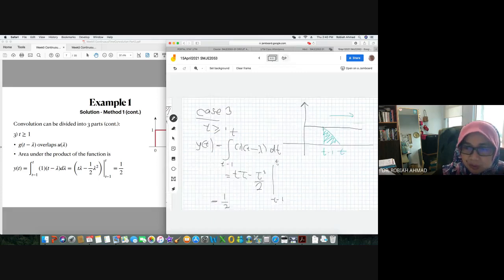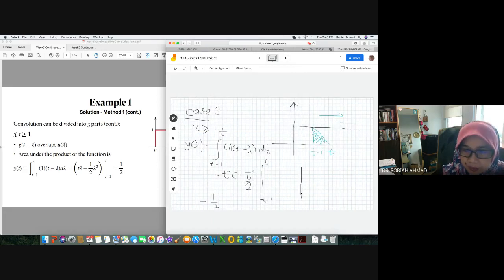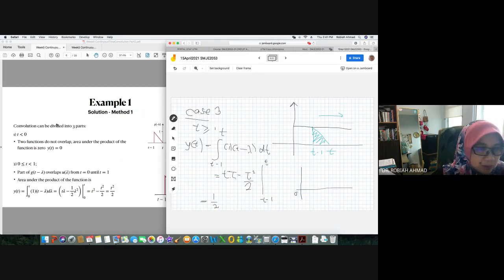So when we want to draw, between 0, it is 0, and then it is t square over 2 from 0 to 1, and then when we substitute 1, it will be 1 over 2 here. Okay, so this is y.